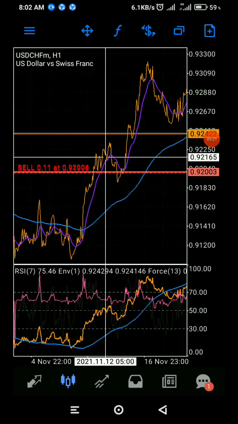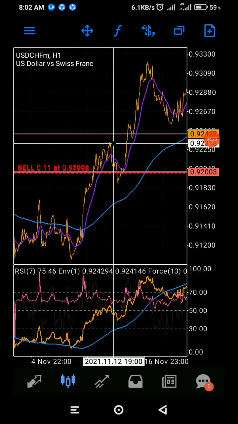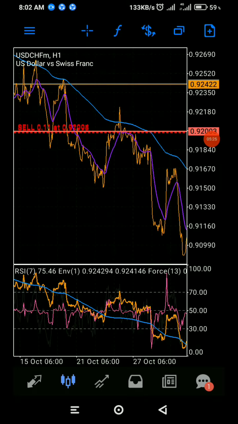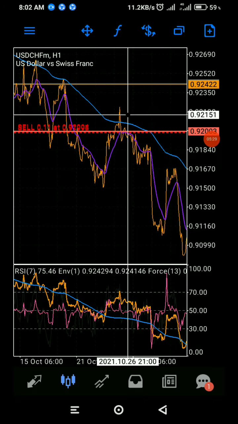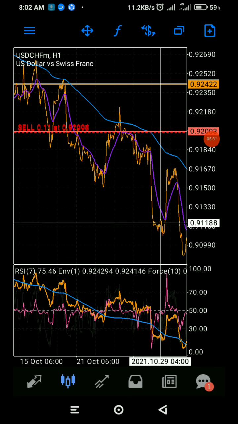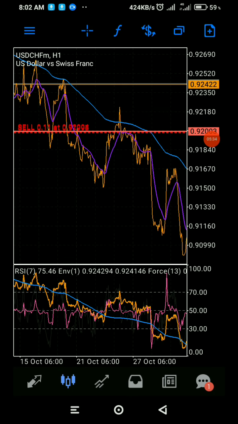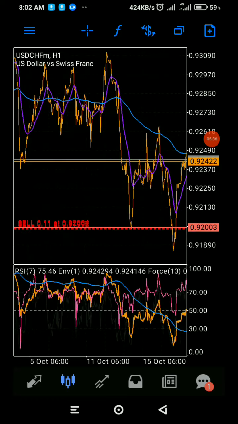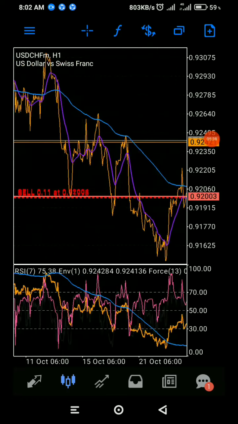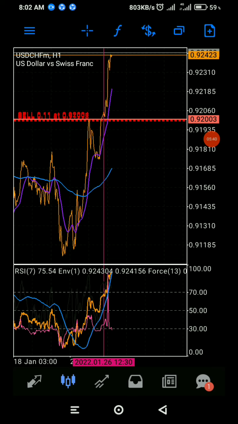So you have to analyze the H1 chart with M1, and before taking entries from M1, you have to see the H1 for the main trend of the current price. So here you see the blue.